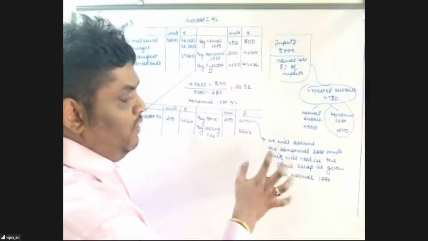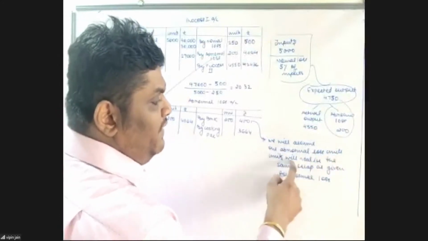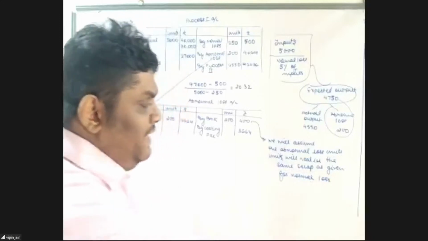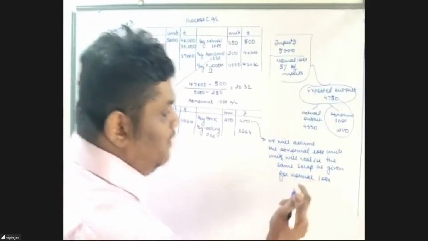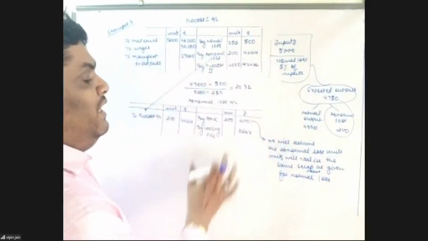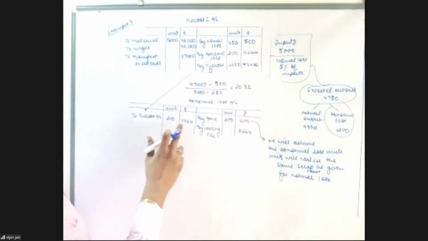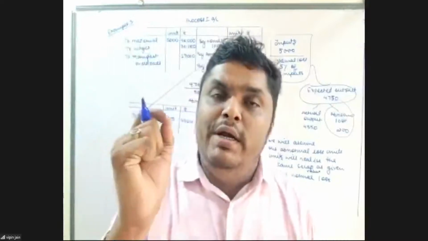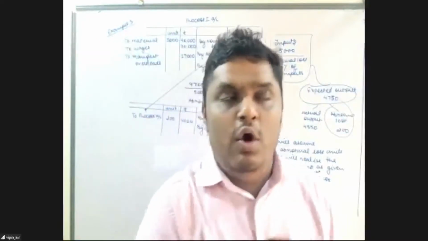So for you, Krishna, we will assume that the abnormal loss units will realize the same scrap value as given for normal loss. Further, when talking about abnormal loss, it's two process account, 200 units, 4064. Now, assuming these 200 units will realize the same scrap value that is given for normal loss.